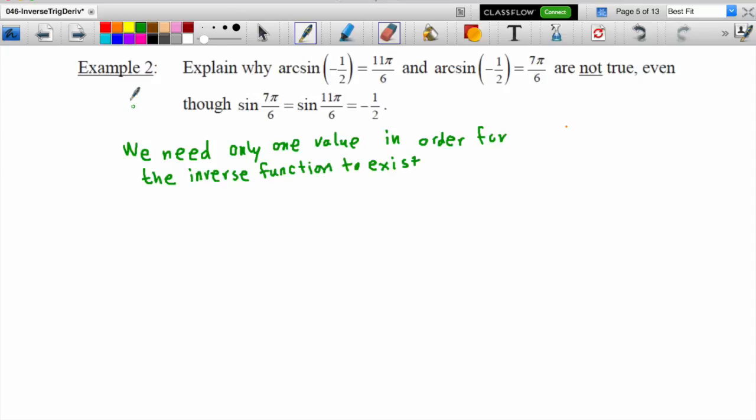That's it. If we had all these other options, we'd have all these other problems. We wouldn't pass the horizontal line test.